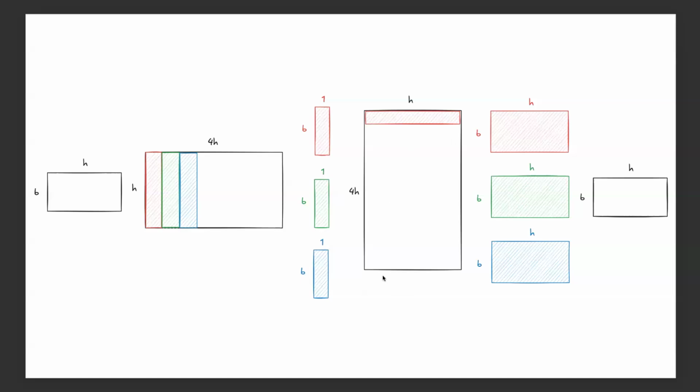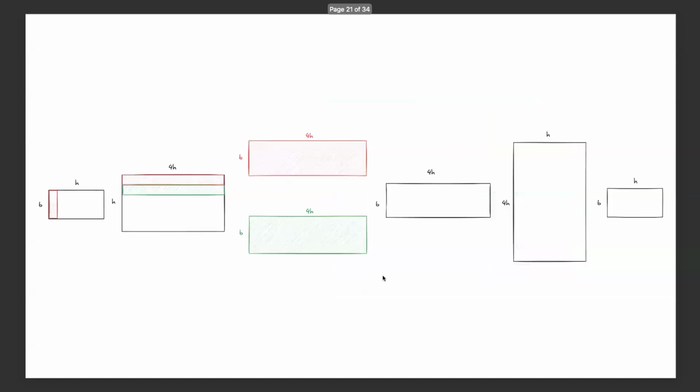Makes sense. What if you did it the other way around? That doesn't make sense, right? Because of this b by 4h.